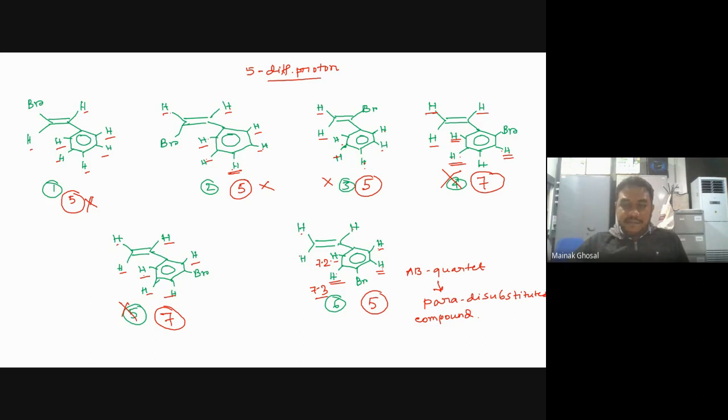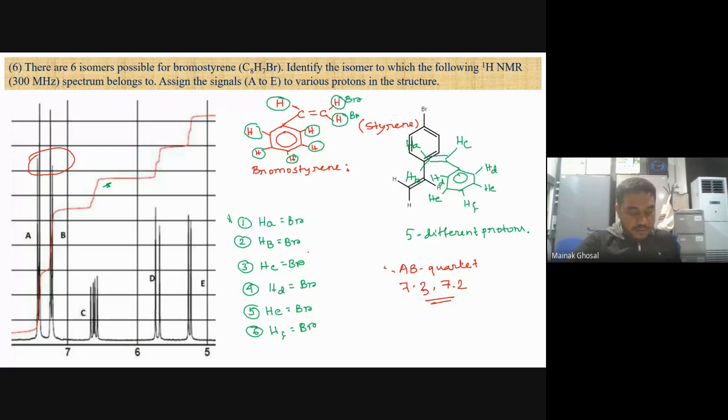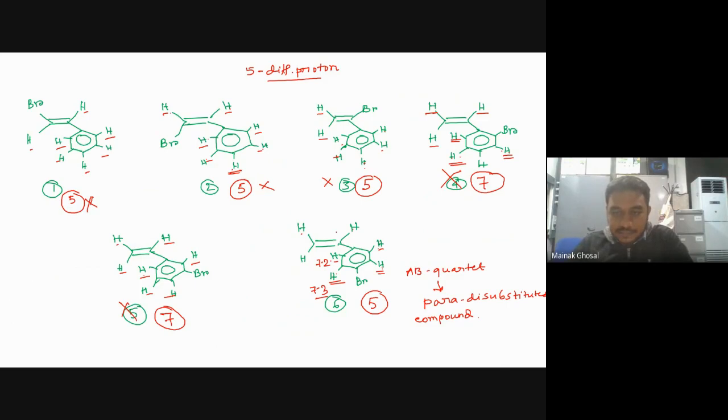Now these 3 you can easily distinguish. Which one is which? You see, this is nothing but a doublet of doublets. Now if this is the structure, what will happen with HC?